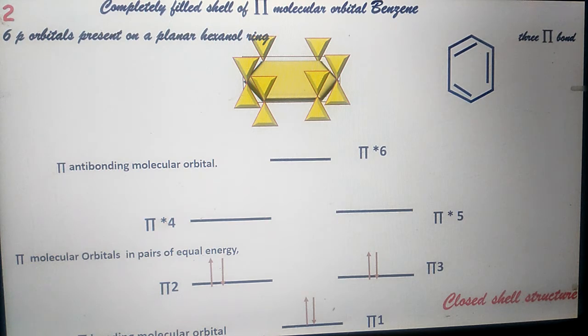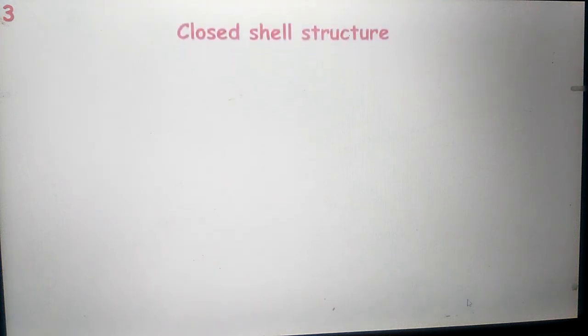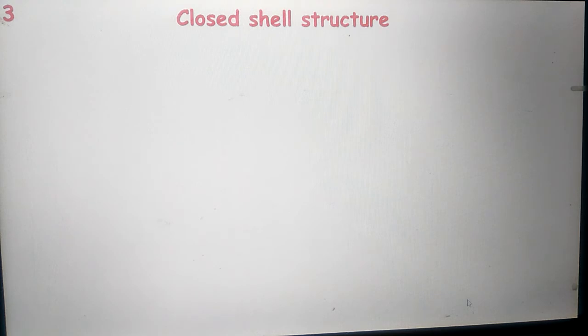Closed shell structure means that the electron become paired in non-bonding or in bonding pi molecular orbital, and it shows stability like benzene. When n is equal to 1 in Huckel formula, then we call it an aromatic sextet, and it is associated with benzene.